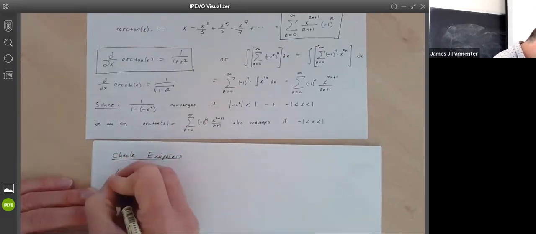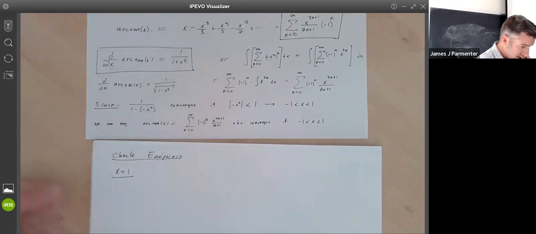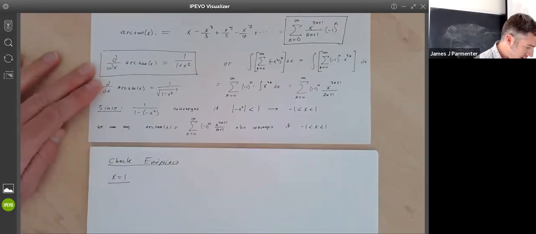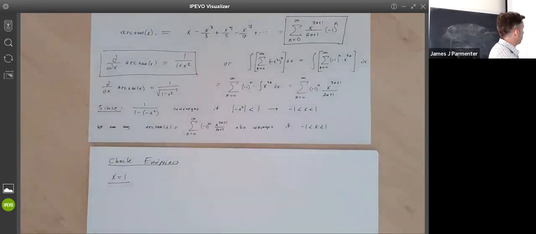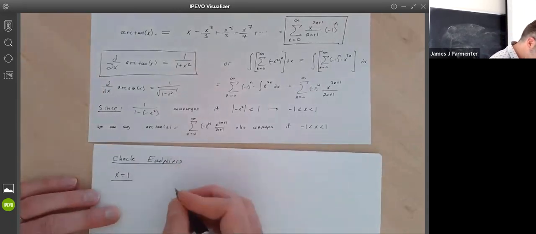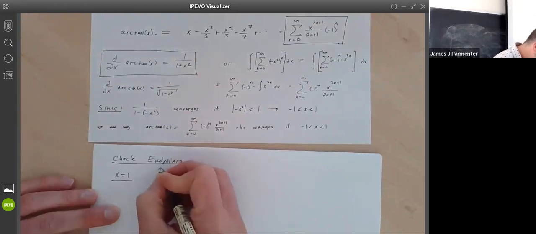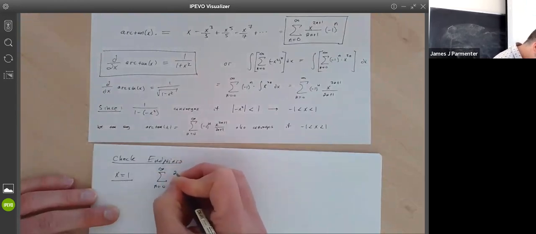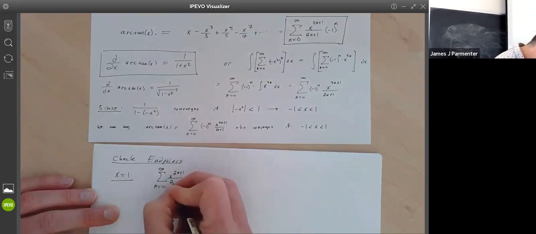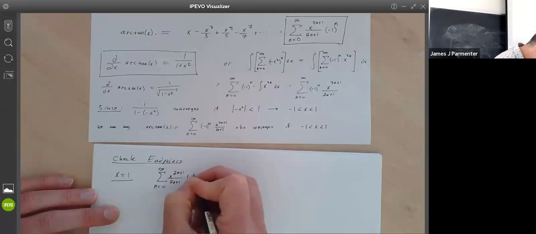So if we let x equal 1. Now, when you're checking the endpoints, what you're actually doing is just substituting x equal to 1 back into the series you have. So we have the series from n equals 0 to infinity of x to the 2n plus 1 over 2n plus 1 times -1 to the n.